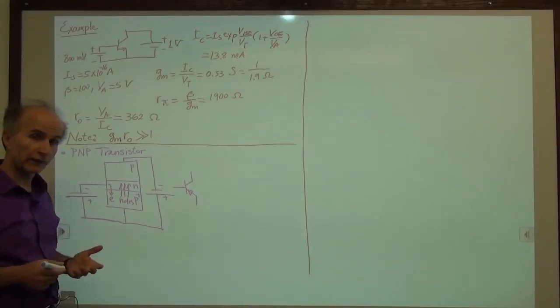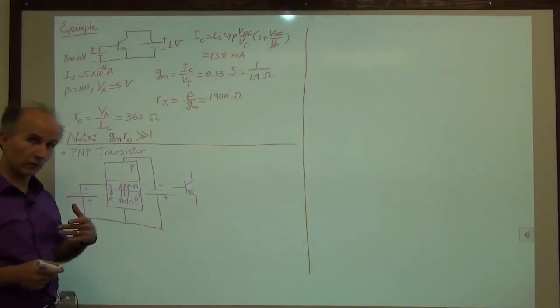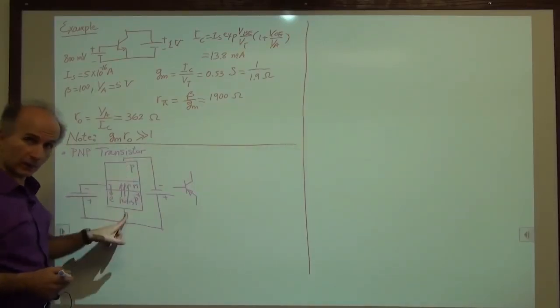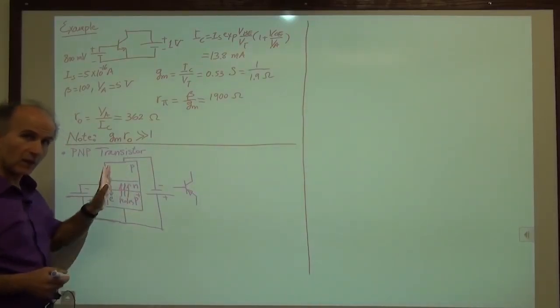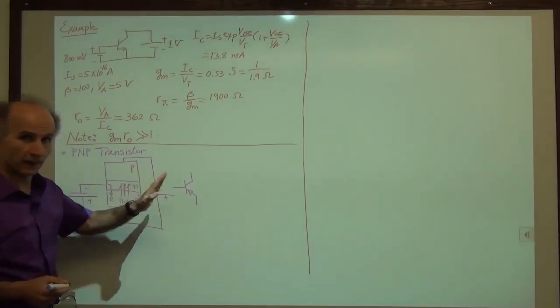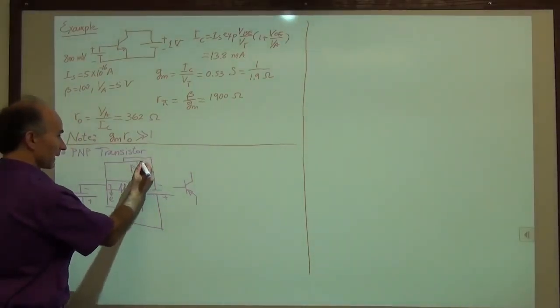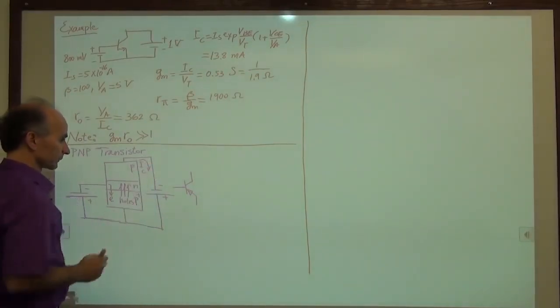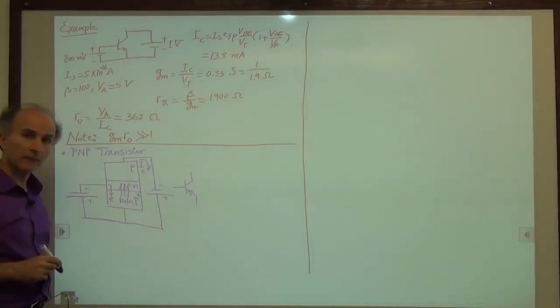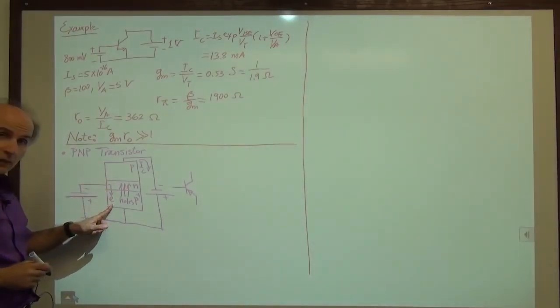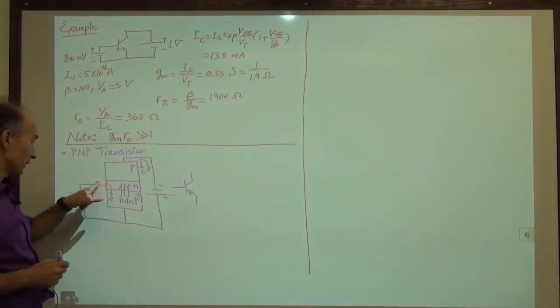So the conventional current associated with positive charge is this way, right? Not the other way. So that's also a difference between the PNP device and the NPN device. So the current is going this way. That is IC. How about the base current? Well, we see that we have electrons going this way, so the conventional direction of current is that way.